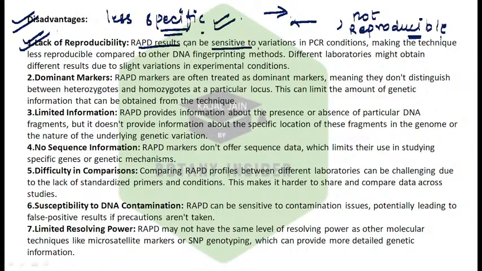RAPD results can be sensitive, making the technique less reproducible compared to other DNA fingerprinting methods. And we are using a dominant marker, so it cannot differentiate between heterozygous and homozygous.